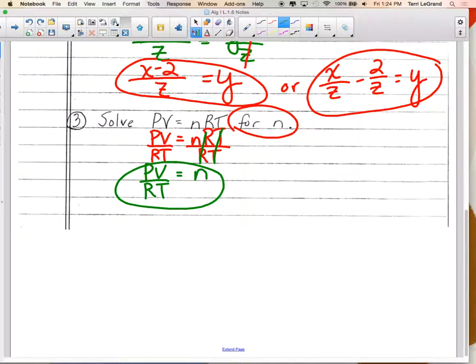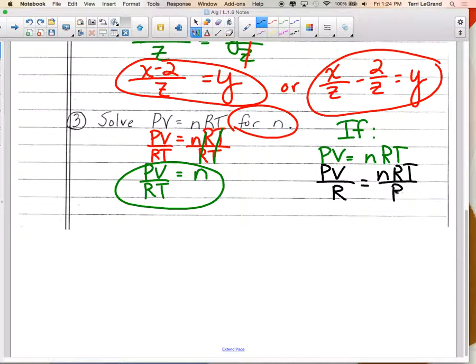I cannot count this as done, because I'm going to show you what would happen if, because you were not wrong, some of you, when you said divide by R and then divide by T. You're not wrong. Not at all. So if you wanted to do that, PV equals nRT, you decided that the first thing you were going to do is divide by R, both sides.